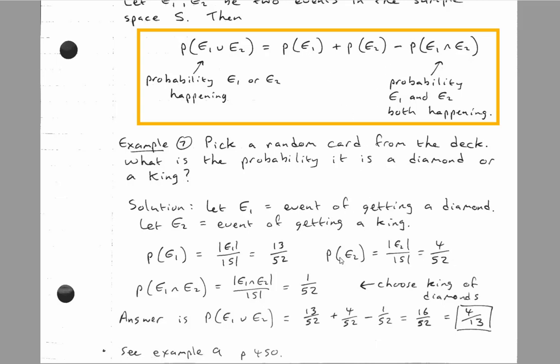And by our formula, it's 13 plus 4 minus 1 over 52. That's 16 over 52. Cancel 4s, that's 4 out of 13. So there's a 4 in 13 chance of getting a diamond or a king.